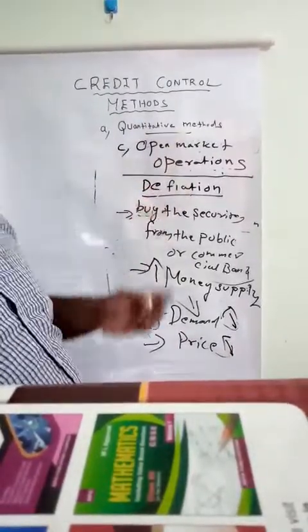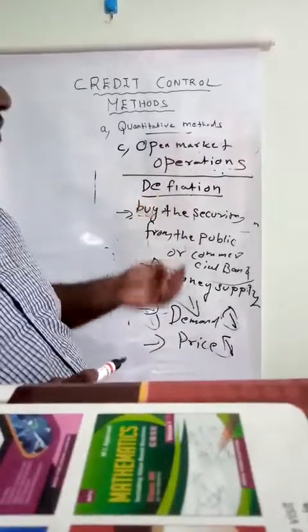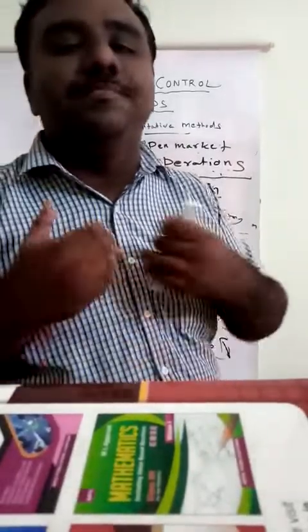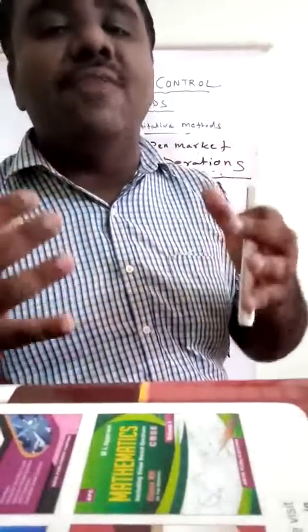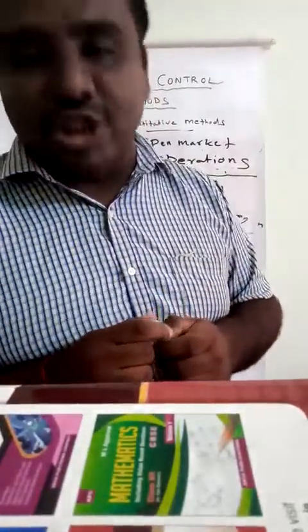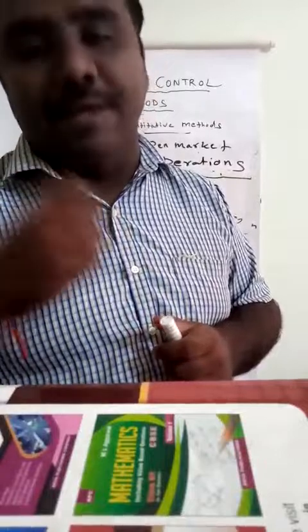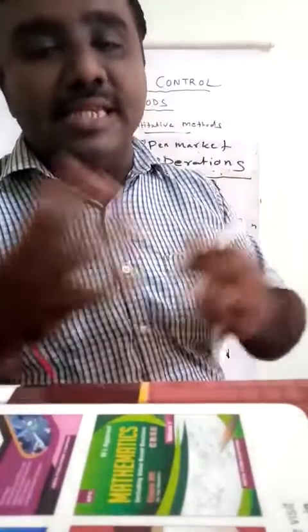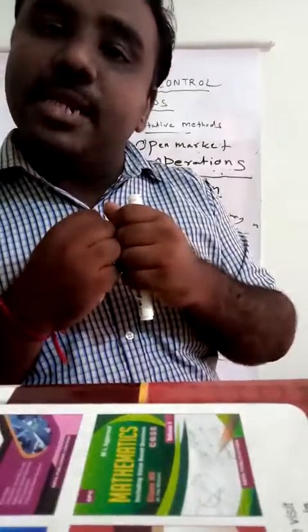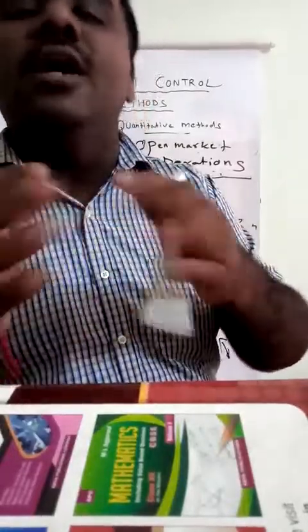So at the time of deflation, what happens? The central bank will buy the securities from the commercial bank or from the people. When the central bank purchases securities from the public, in turn the central bank will give money to the public.